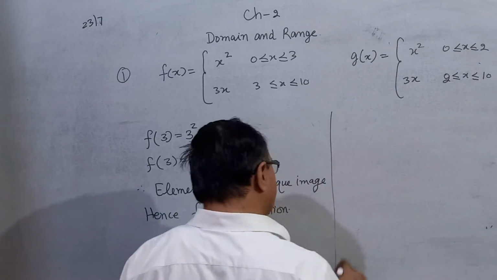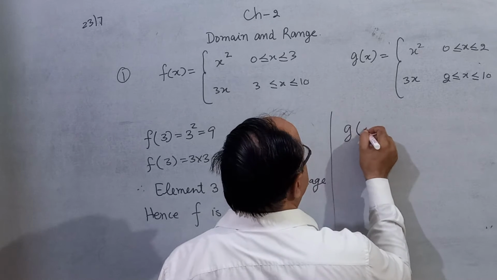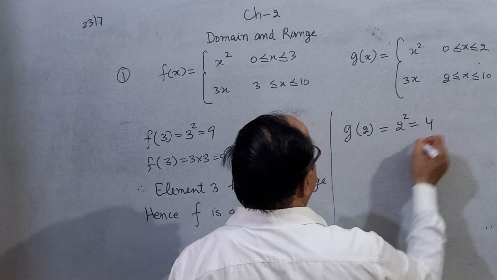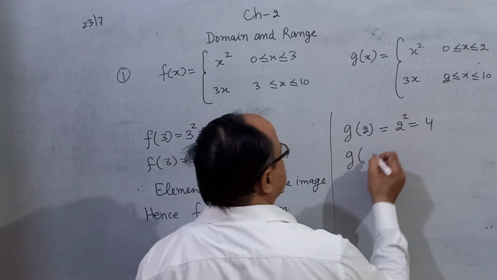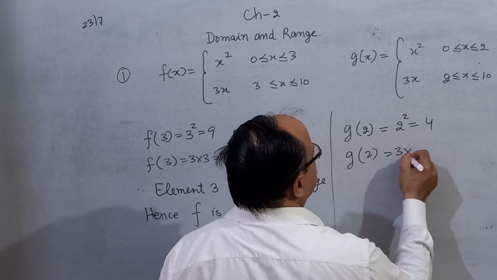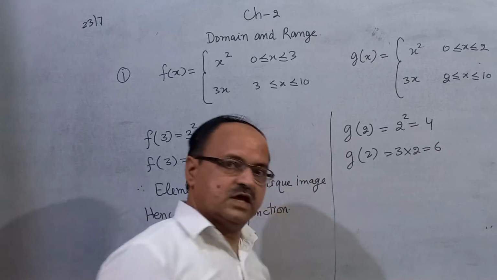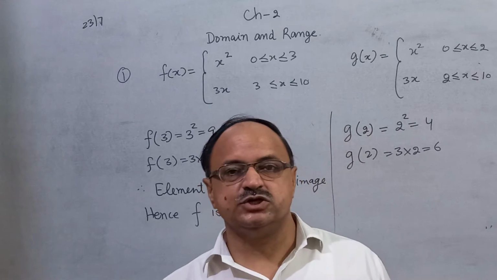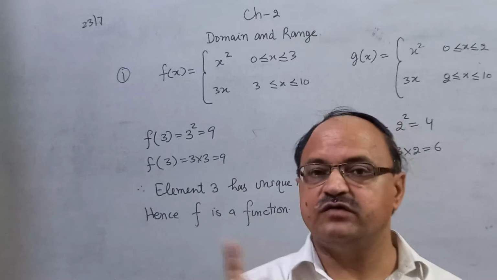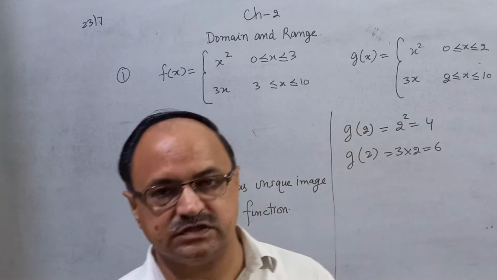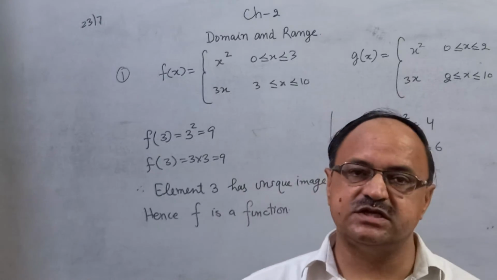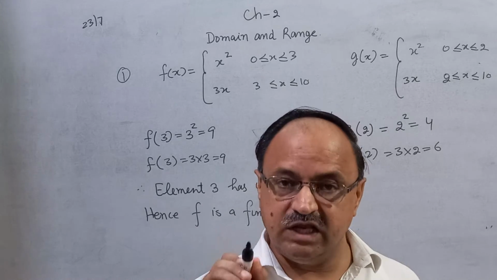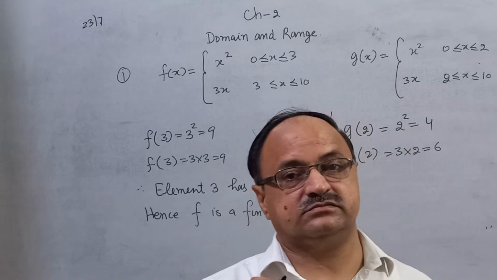In the second part of this question, we put 2 because 2 is the critical value. That is 2 square, that is 4. And put 2 here, that is 3 into 2, 6. It means element 2 has 2 different images. That is not a function, because according to the definition, every element of the domain has a unique image in the codomain.